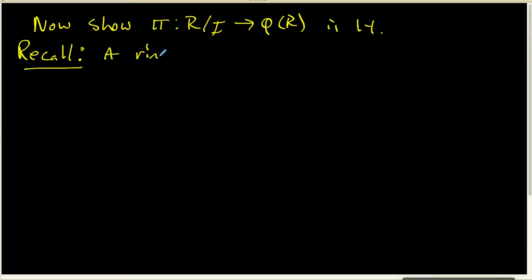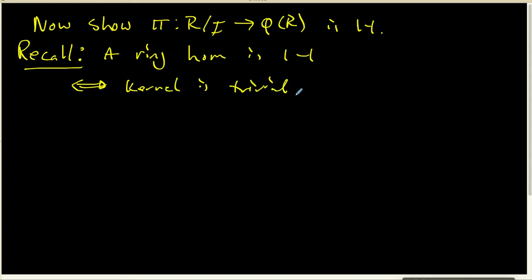A ring homomorphism is known to be 1 to 1 if and only if its kernel is trivial. And what that means is that its kernel is equal to the set containing the zero element of the domain ring and nothing else.